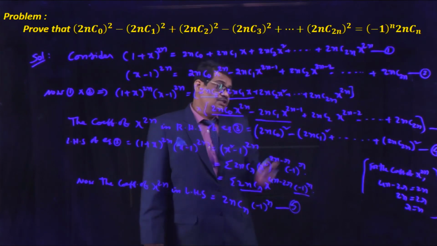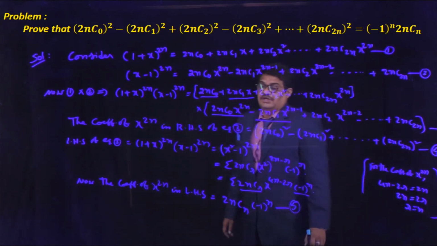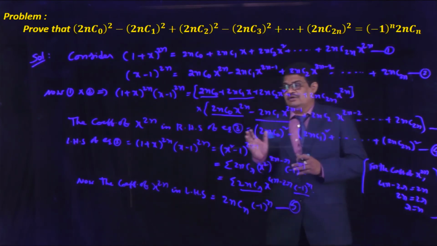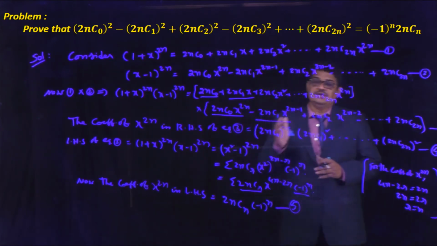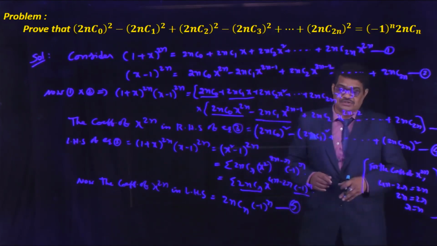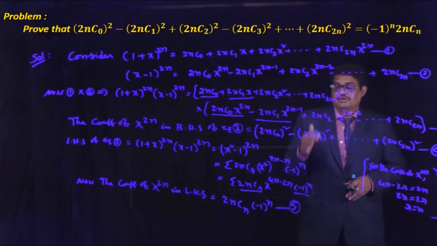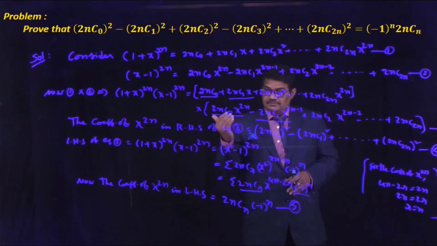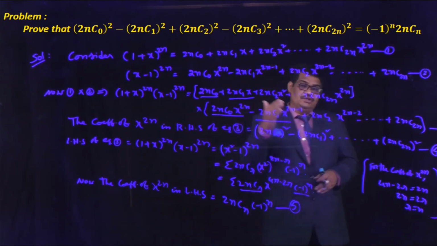So what is equation 4? Equation 4 is the coefficient of x to the power of 2n in the RHS of equation 3. What is equation 5? Equation 5 is the coefficient of x to the power of 2n in the LHS of equation 3.